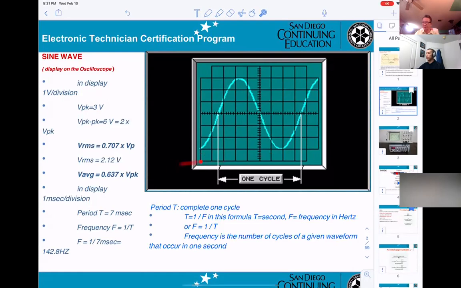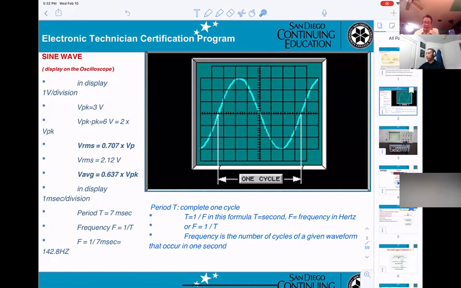This is the volt division: 1, 2, 3, 4, 5, 6, 7, 8. And 1 volt per division means what? At one division you get 1 volt. So V peak you can count 1, 2, 3. That's 3 volts right here. Peak to peak means from the bottom here to the top, you get 6 volts.